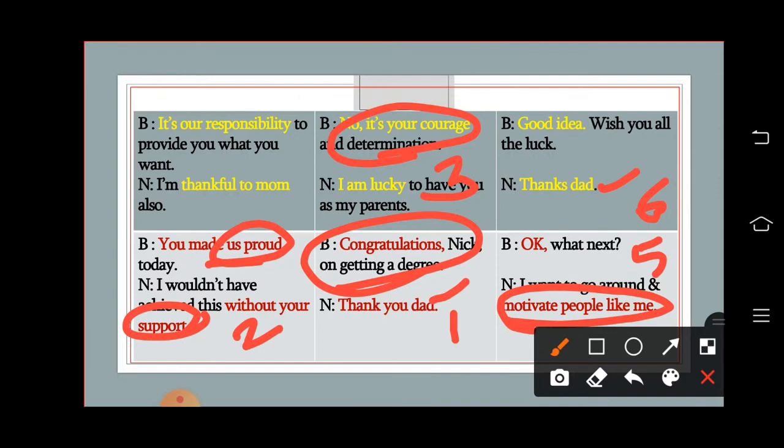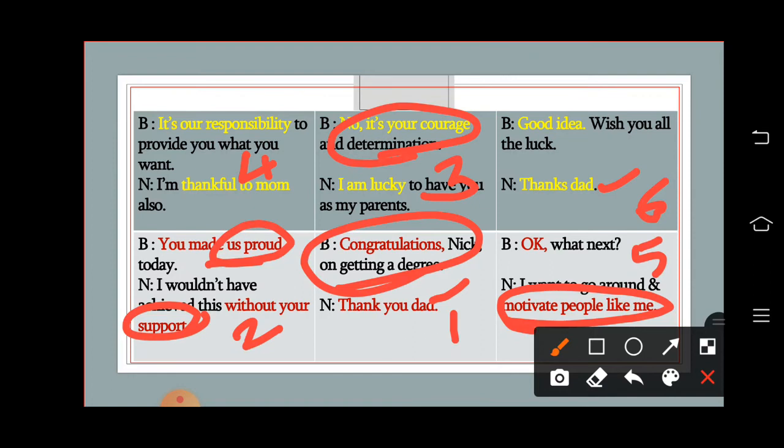Okay, so 1, 2, 3, 5 and 6 exchanges have been identified, and we are left with only one exchange. So if you name it number 4 and check whether this will become a meaningful conversation, let us see. Now let us try to read in a sequential order.